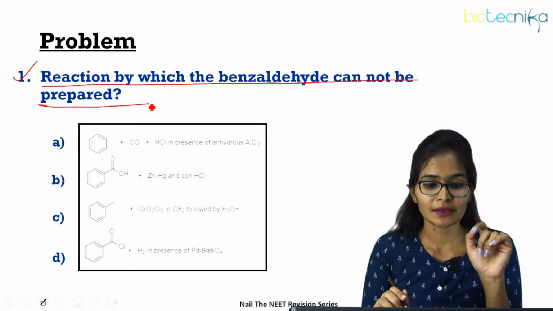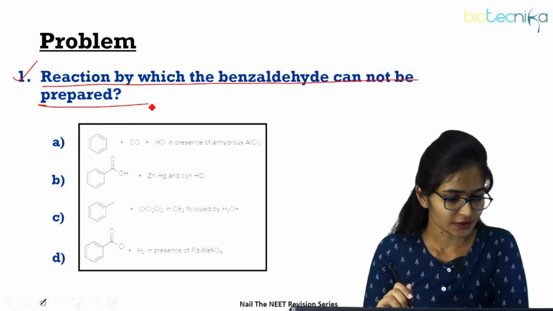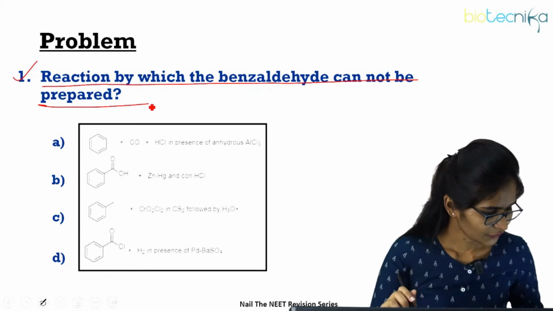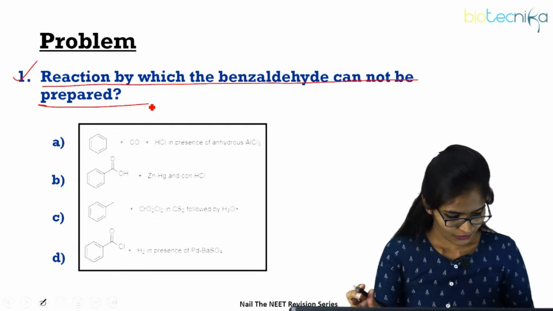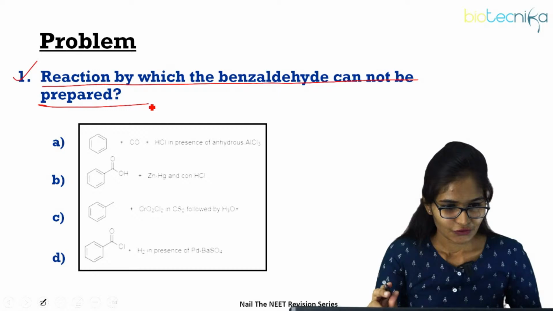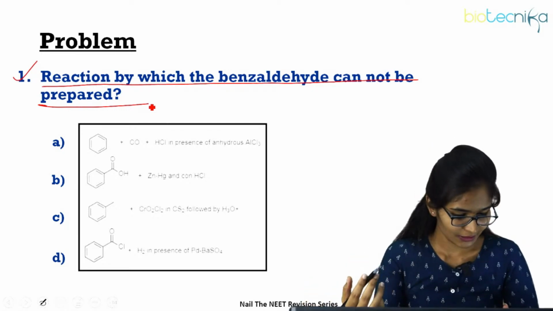It should not give benzaldehyde. So they are asking which cannot be prepared. Please answer faster, students, I will be waiting. If you know the answer, please answer in the chat box. Whatever I have explained in the preparation part, only the answer is there.